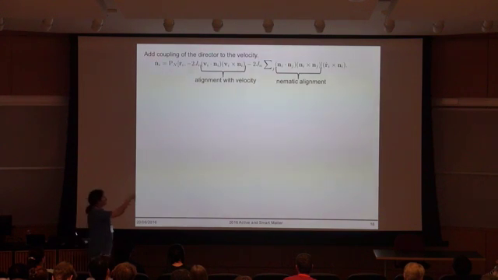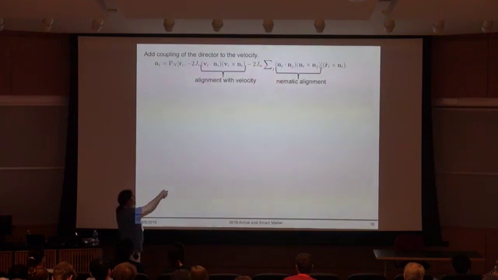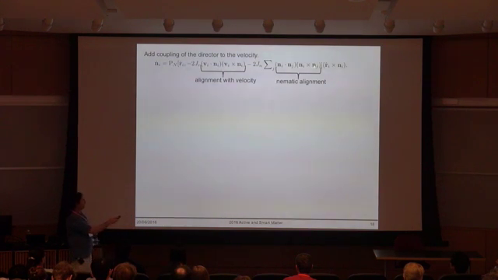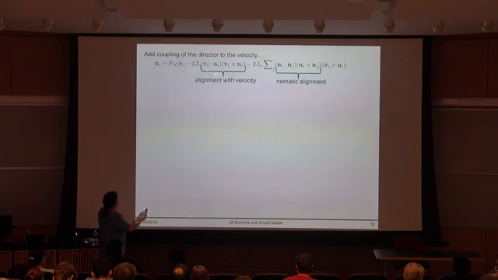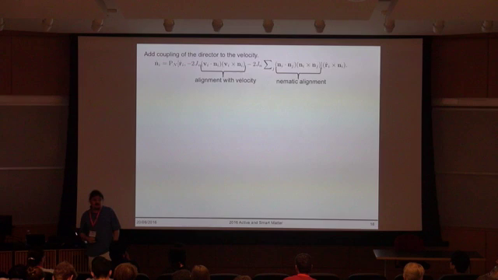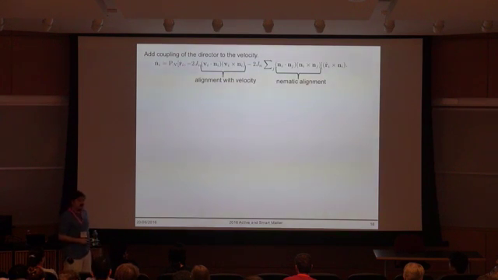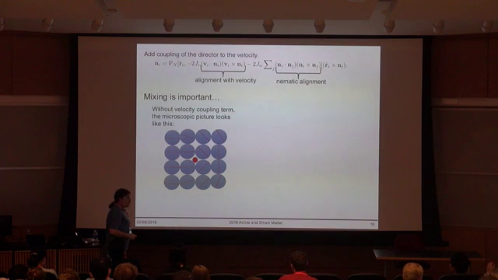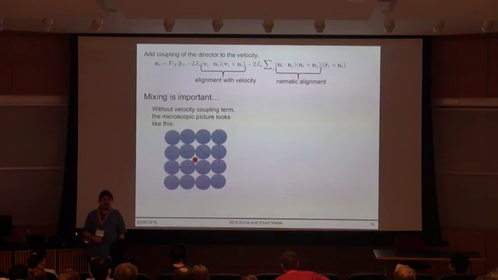If I go a couple of slides back into our polar case, we only had alignment. I had only the n cross n term. Now suddenly, we have to add a local term which locally couples velocity to the director. And why did we need to do this? Well, we realized after doing a bunch of simulations without this term.